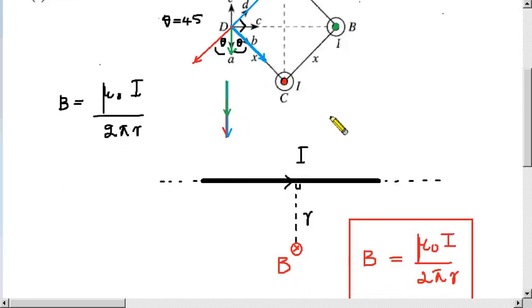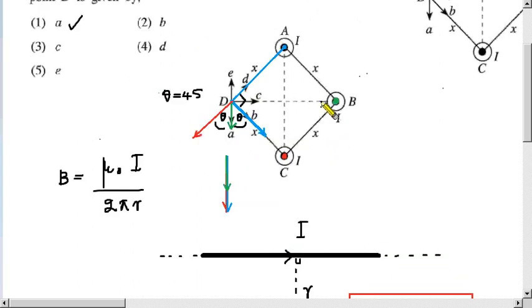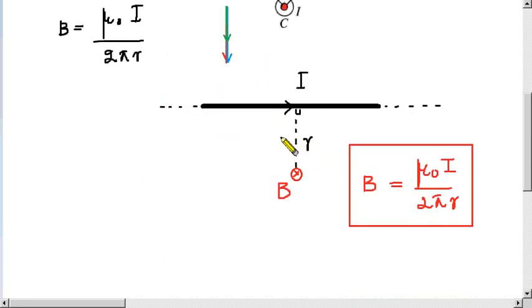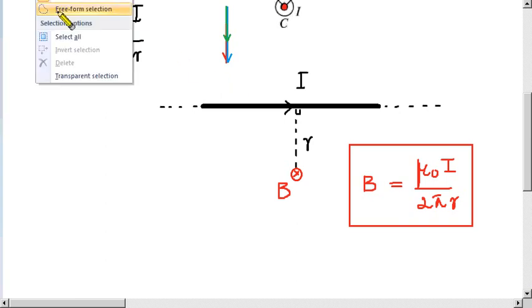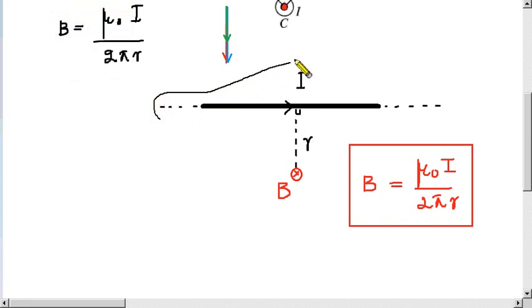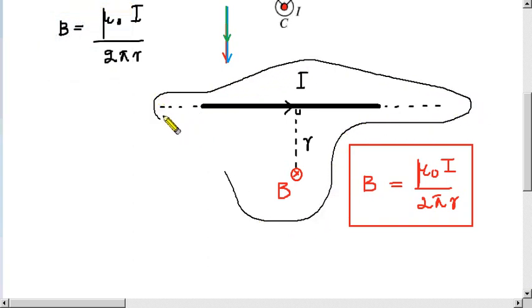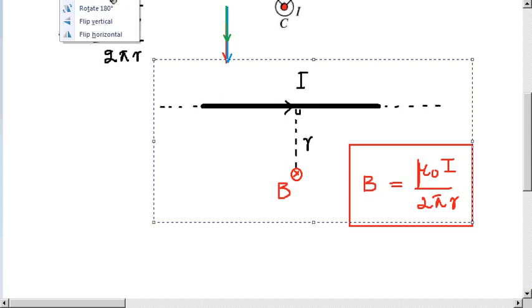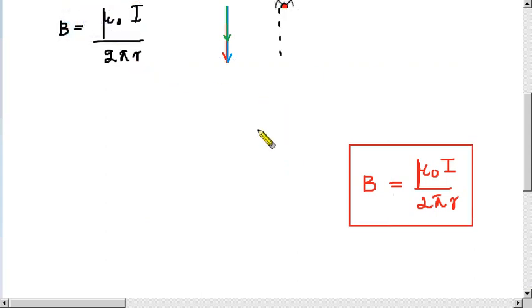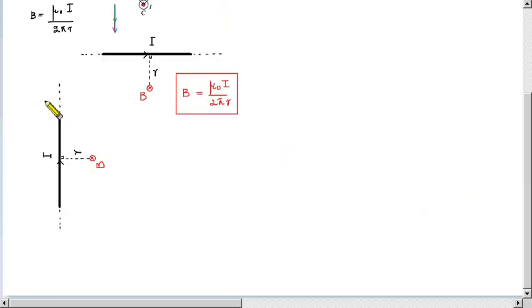The only difference is that this wire is horizontal. In this question they have given vertical wires. So you have to turn this diagram 90 degrees like this, so that the wire is vertical.